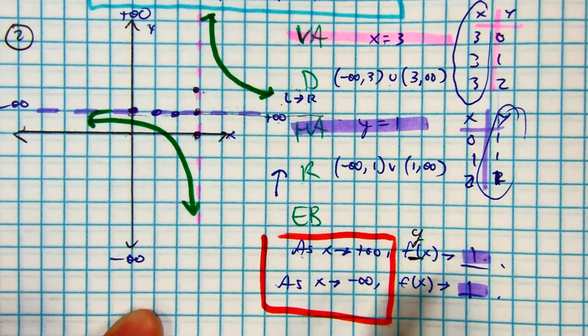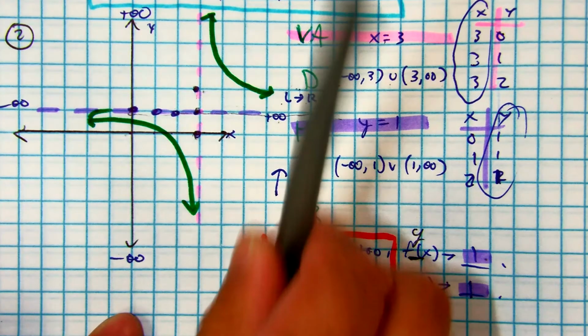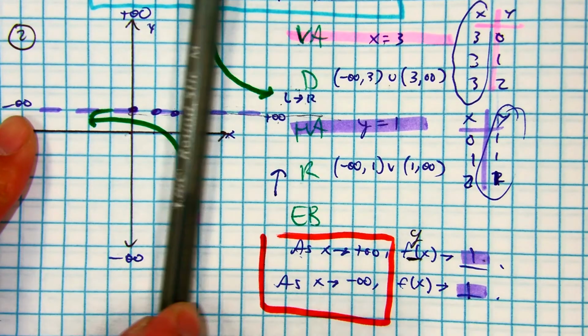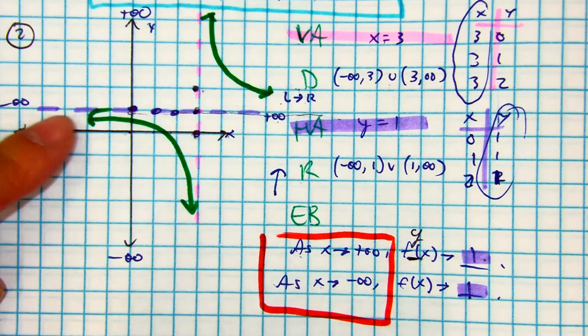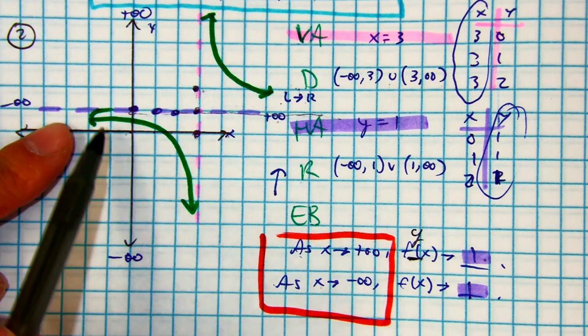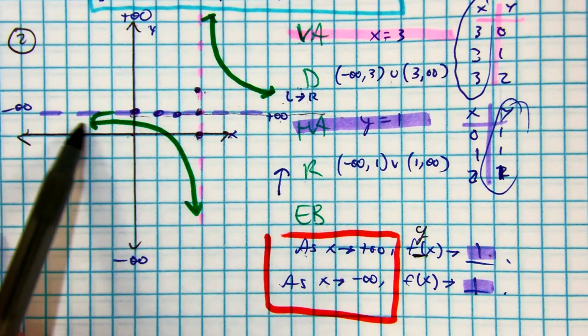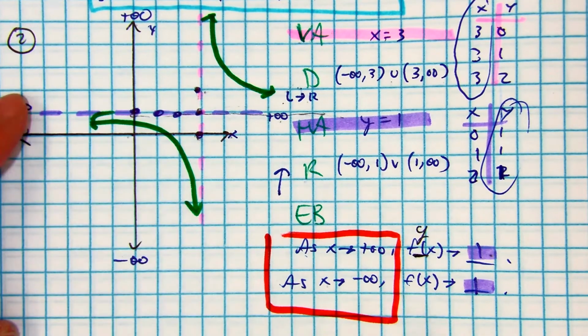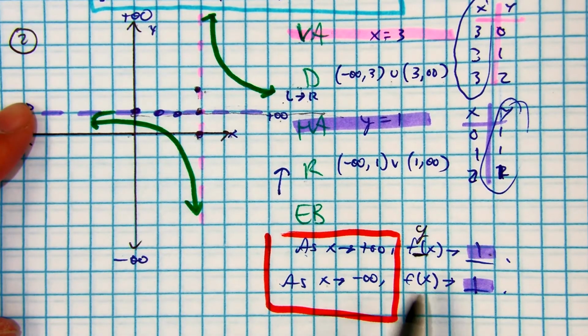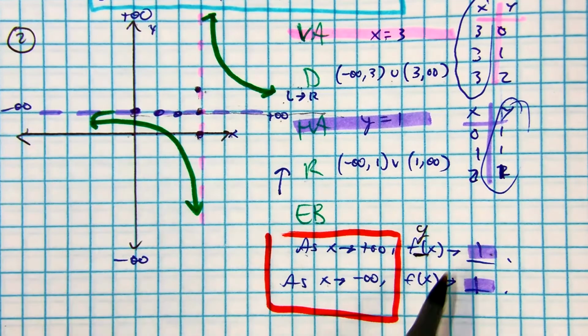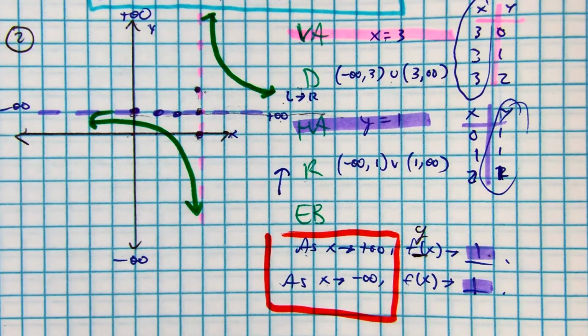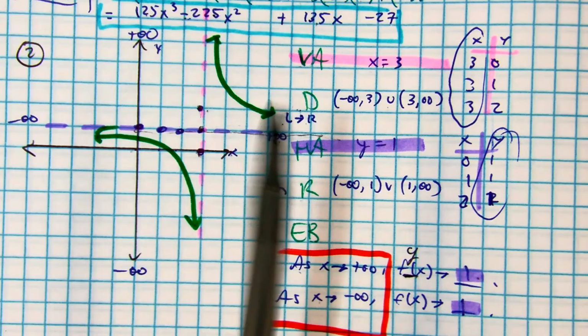And as you go from right to left, x approaches negative infinity, the last thing you have is an arrow. The arrow is not going up, so it's not positive infinity. It's not going down, so it's not negative infinity. It's approaching this purple line, and it's approaching the y values at 1. So our answer is 1. Recognize the colors I try to use there, purple. So your horizontal asymptote can help you with your end behavior.